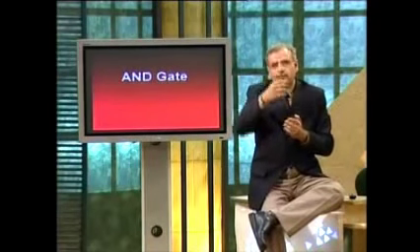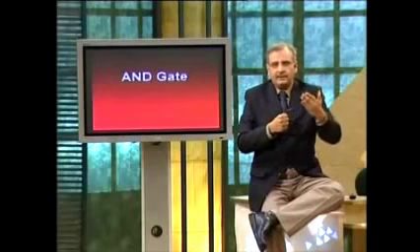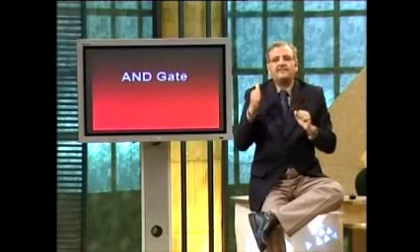So 4 possible combinations you can apply at the input of a 2 input AND gate. What is the output for each of these 4 combinations? If the input is 0 0, the output is 0. If the input is 0 1, the output is again 0. If the input is 1 0, the output is again 0. Only for the inputs 1 1, the output is 1.